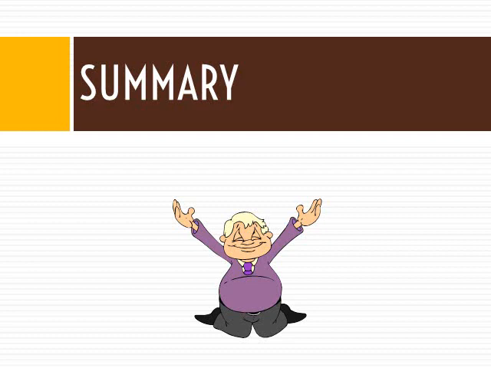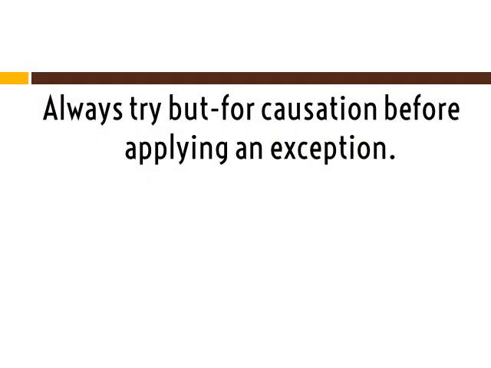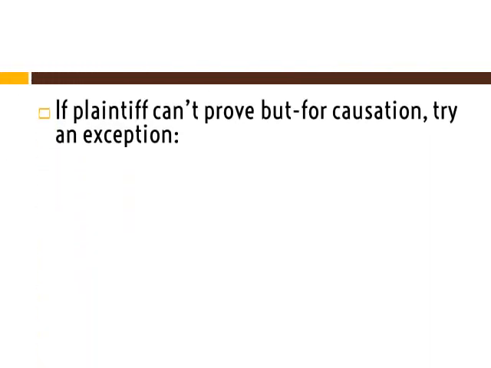Okay, almost done here. So, now a quick summary. First, if I haven't said it 10 times yet, always try but-for causation before applying any exception. If plaintiff can't prove but-for causation, only if plaintiff can't prove it, you can use an exception.